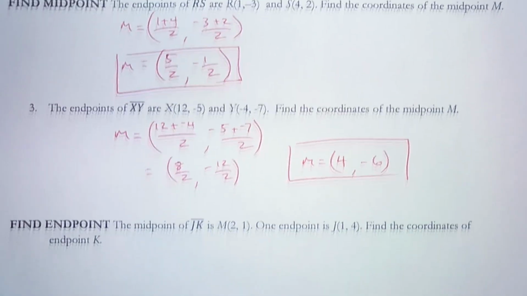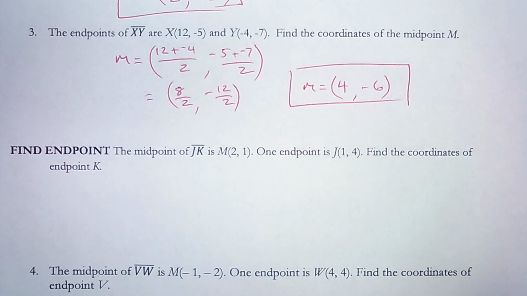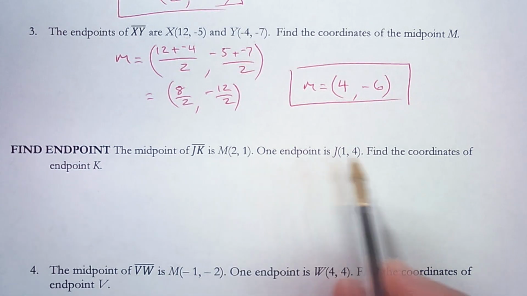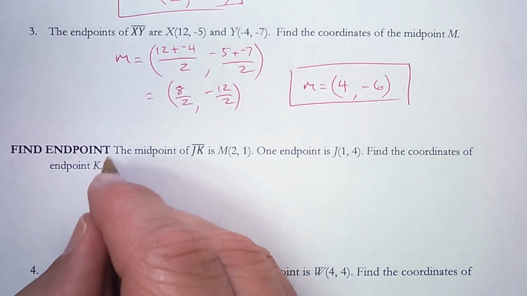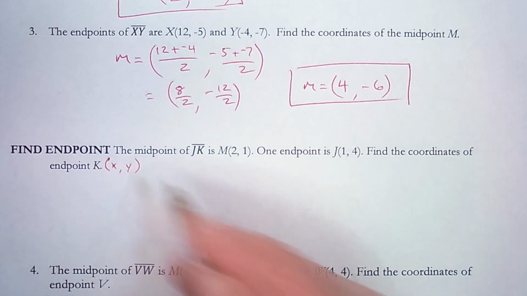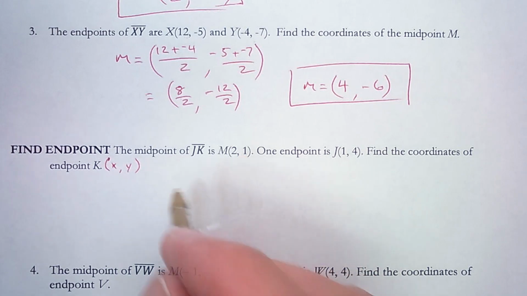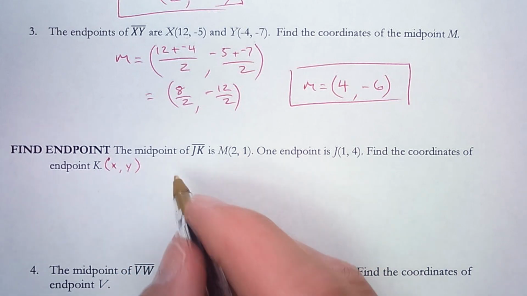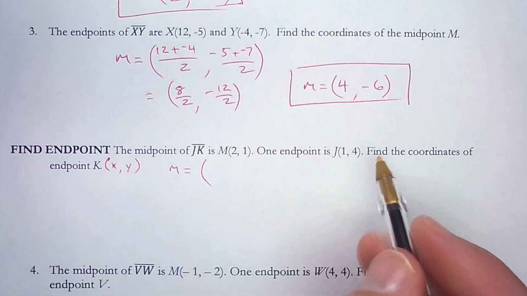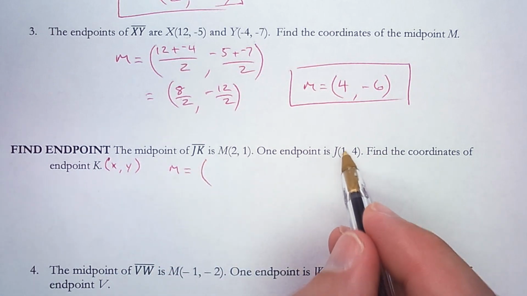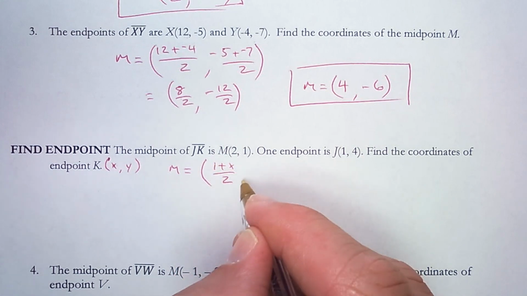Now we can also find an endpoint if we are given one endpoint and the midpoint. So here we have segment JK where J is 1, 4. The other endpoint K is some X and some Y. And the midpoint is 2, 1. So if I was to write out the midpoint formula, M equals the average of the x's of the endpoints, that's 1 plus an x that I don't know, over 2.